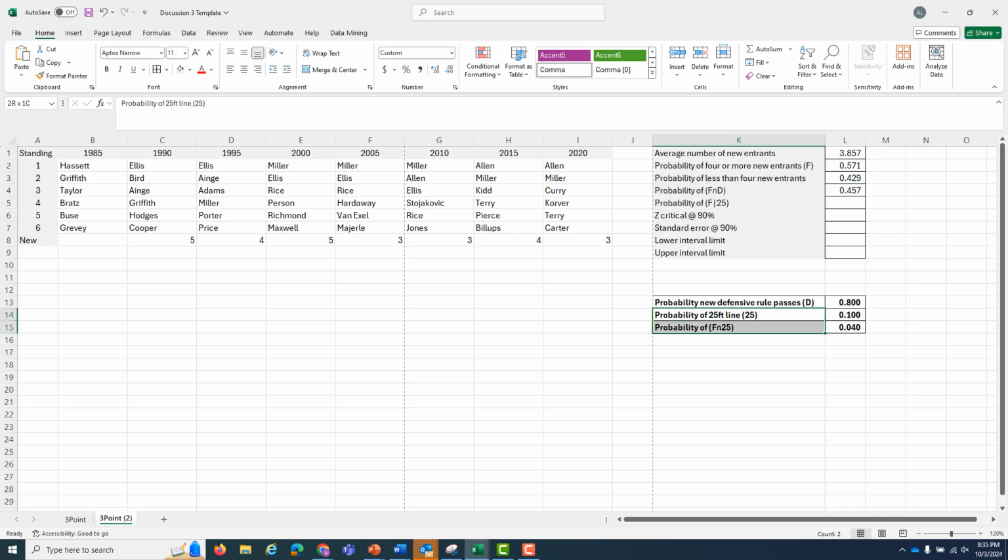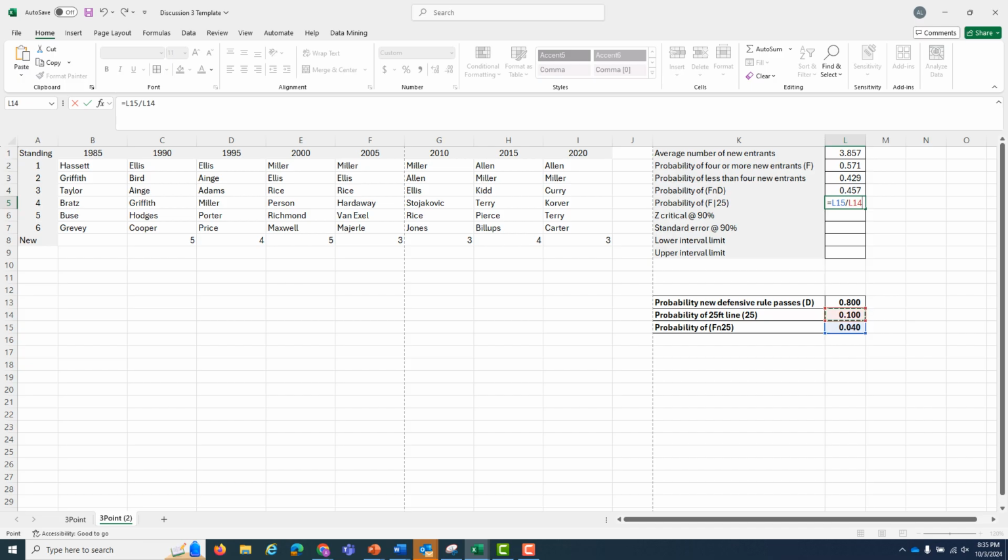Well, down here, another analyst, thankfully, already calculated this for us. We have the probability of F and 25 is 0.040. And the probability of 25 by itself is 0.100. So what I can do is simply divide the probability of both events occurring by the probability of what's given.